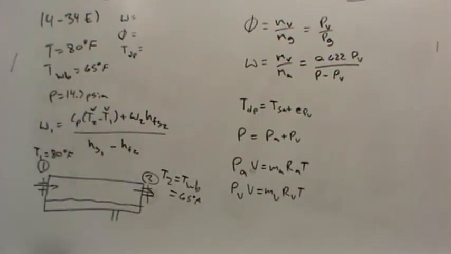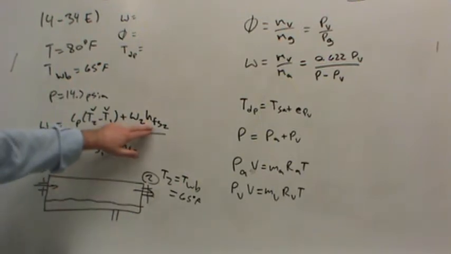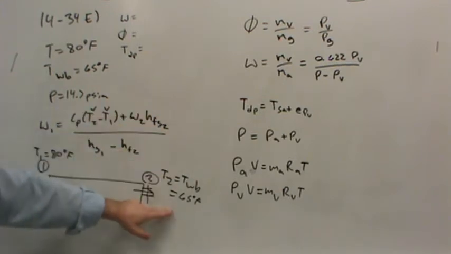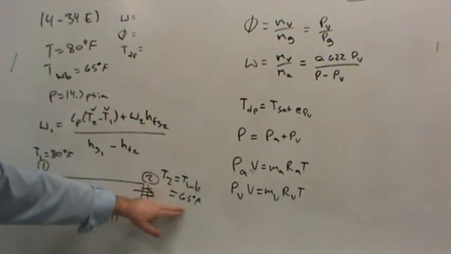And then what? Well, we need the, I can't think of the name of this, hfg. It's the difference between the enthalpy of saturated vapor and liquid, the latent heat of vaporization, that's what I was looking for. Okay, we need the latent heat of vaporization at state 2, in other words, at temperature 2.